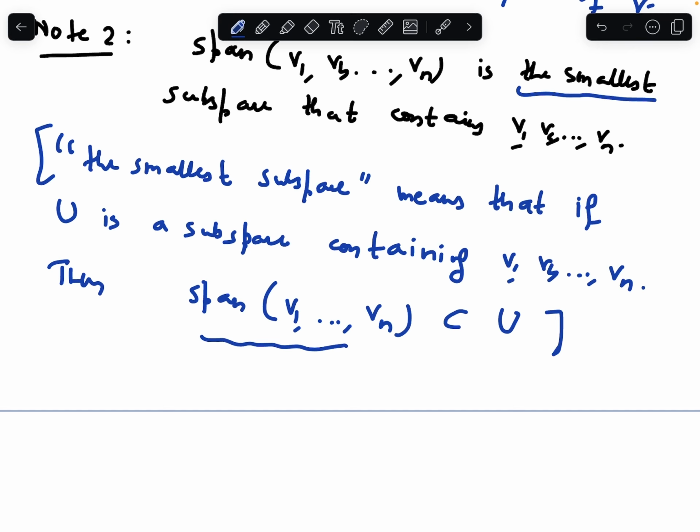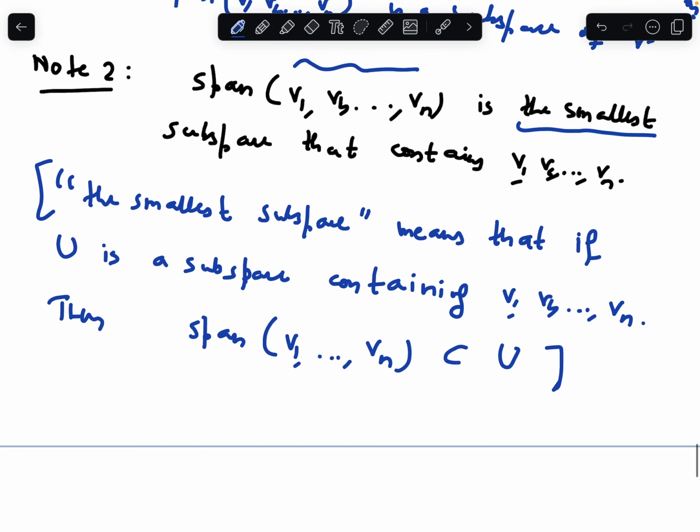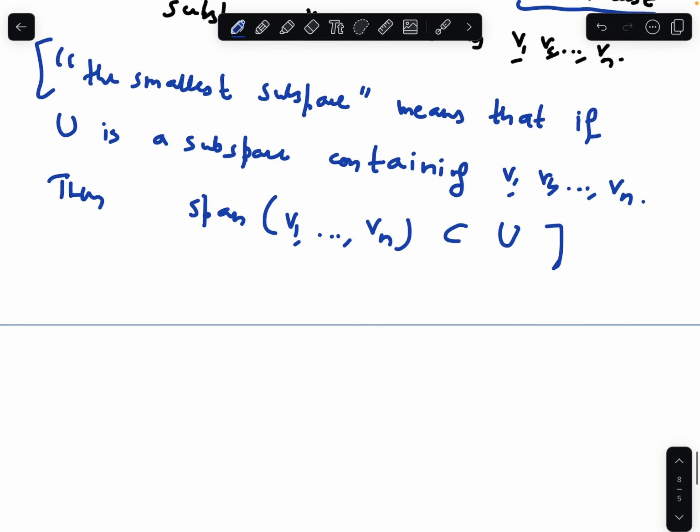So any subspace U which contains V1, V2, V3 also contains span. That means span is smaller than U, right? Span is smaller than any subspace, and therefore it is the smallest, right? And why is it that? Can you prove it? Let's see.